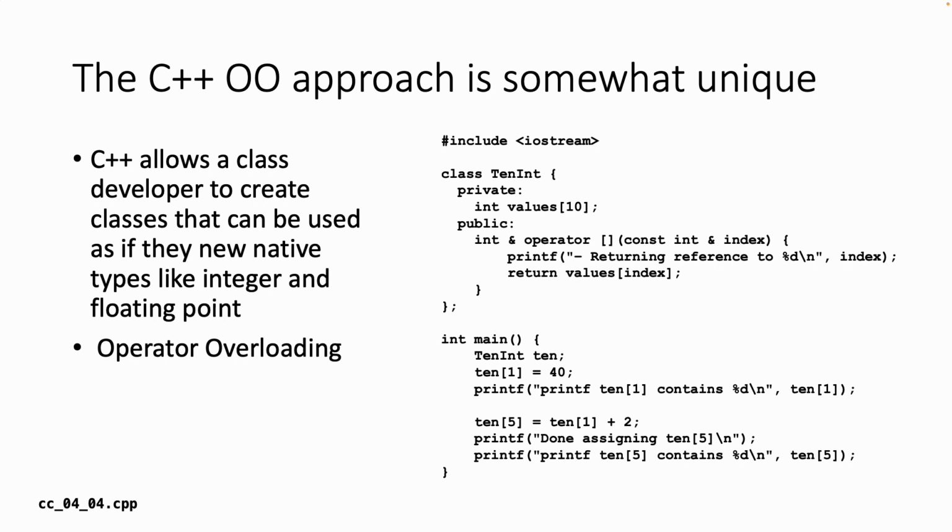Amazing. And then we immediately say print ten sub 1 contains and then ten sub 1. And again, this is kind of a right-hand side of an assignment statement. It calls the square bracket operator method, passes 1 into it, and then we return values sub 1, and that's what gets printed out.